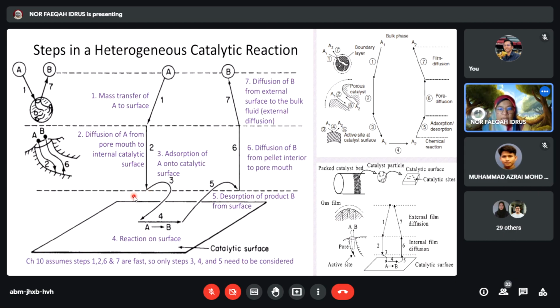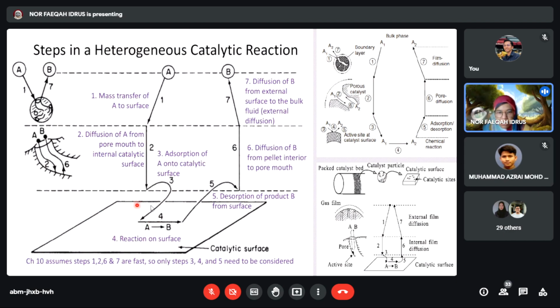Okay, and then step 3, what happened? When it reaches the internal area or interior part of the catalyst, adsorption will occur: adsorption of reactant A onto the catalytic surface. Why does adsorption happen? Remember, as I said previously, the reaction will occur on the active site of the catalyst.